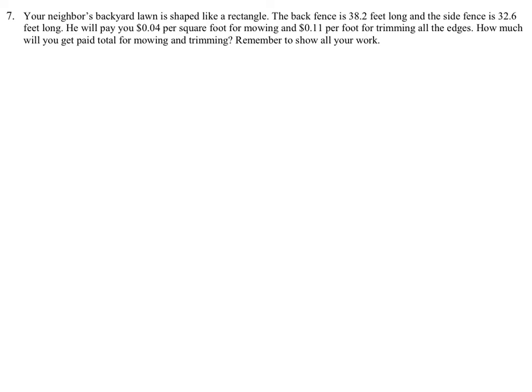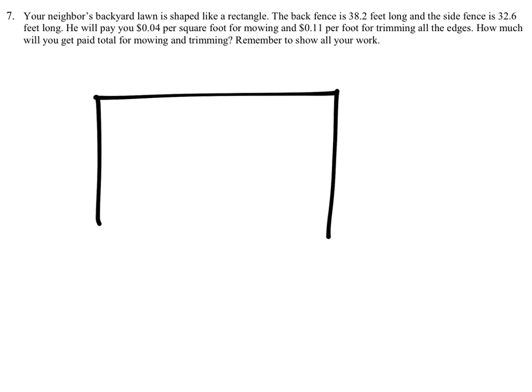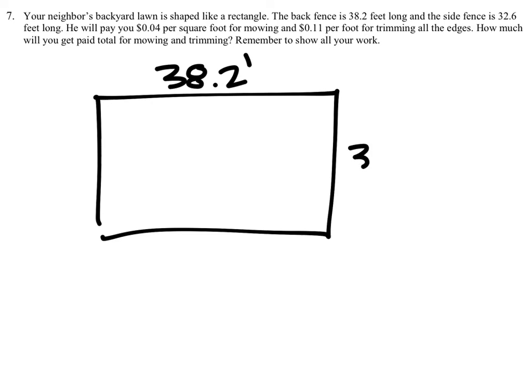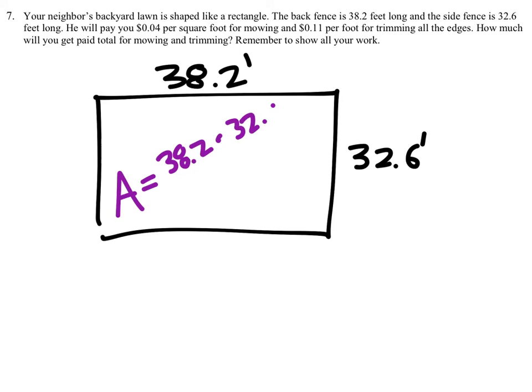So, in this lawn, it told us that the back fence was 38.2 feet and the side was 32.6 feet. So, we need to figure out how much area this is. So we're just going to do 38.2 times 32.6. So about 1,245.32 square foot.